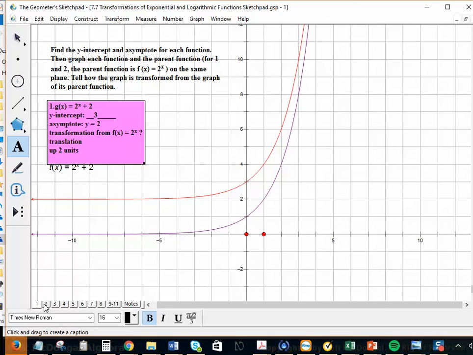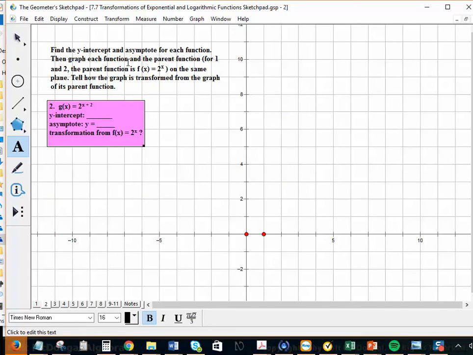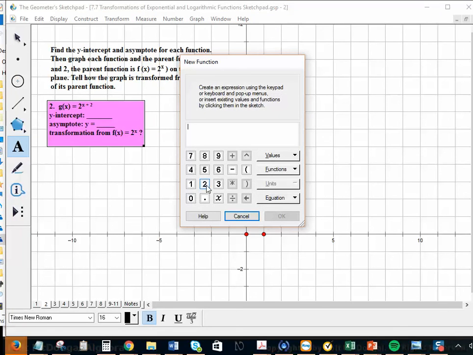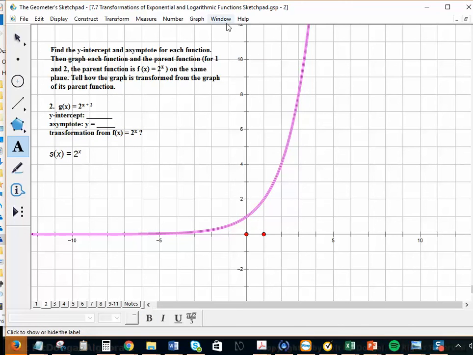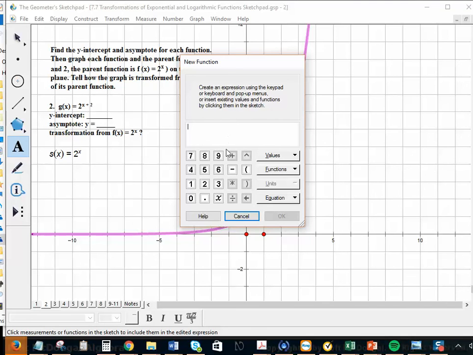Okay, and then number 2 looks very similar to that. This one, when we graph, first put your parent function on there again, which is 2 to the x. When you graph the next one, this is where the 2 is part of the exponent.